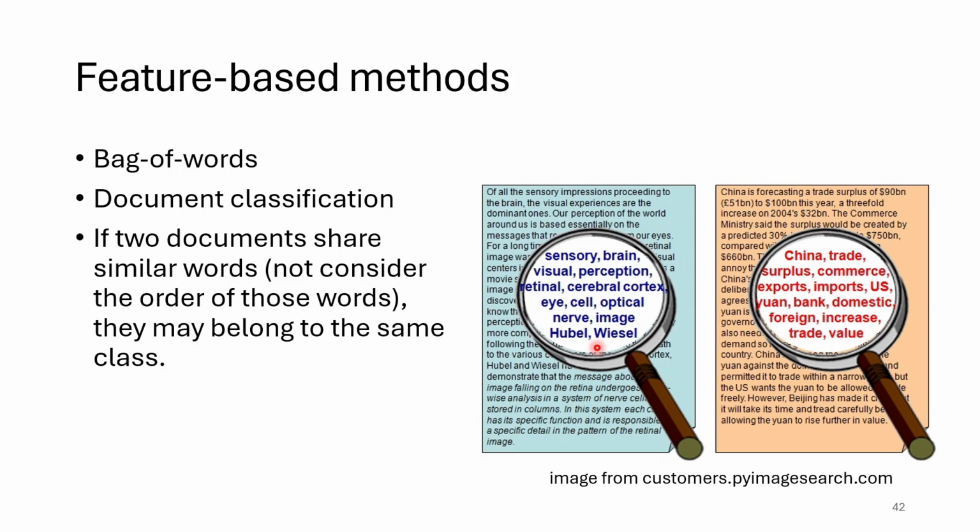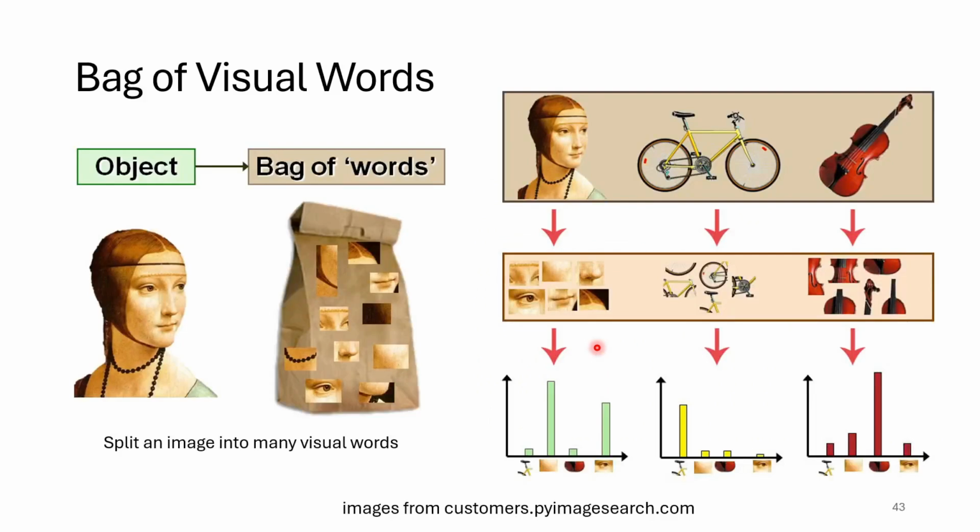And when we apply this method to images, it is something like this. If you have an object, how do you know this object belongs to a certain class? We extract the features from this object to be a bag of features, or bag of words. Then when we want to classify an image, for a human, there should be something like an eye, a mouth, a nose.